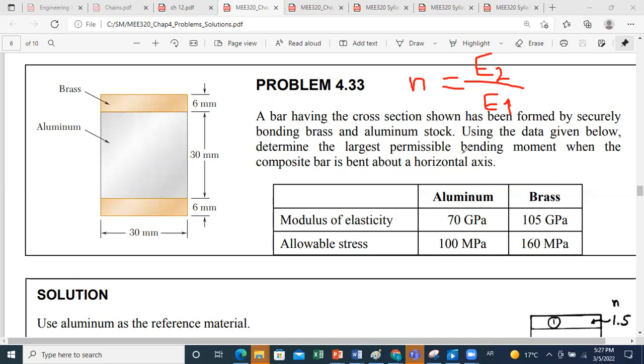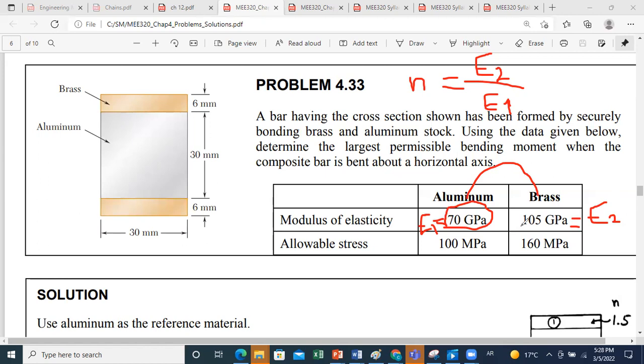by considering the largest modulus over the smallest one, and then you will be transforming your cross section to the material of the smallest modulus of elasticity. If we check here between aluminum and brass, aluminum is characterized by the smallest modulus of elasticity. So I will consider that E1 is equal to 70 and it represents aluminum, and E2 is equal to 105 gigapascal and it represents brass.